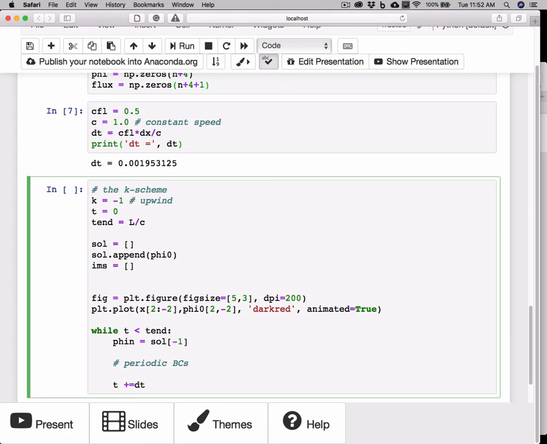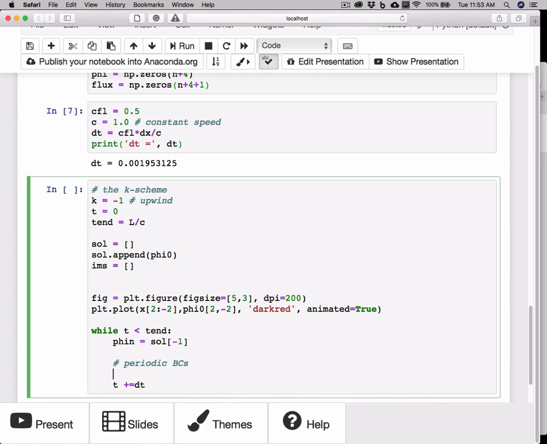Let's start with the right-hand side. We want this interior region of the domain to really be here. So we want this guy to be equal to that guy, and this guy to be equal to that guy, right? So what we want is phi[-2] to be equal to phi[2], correct?